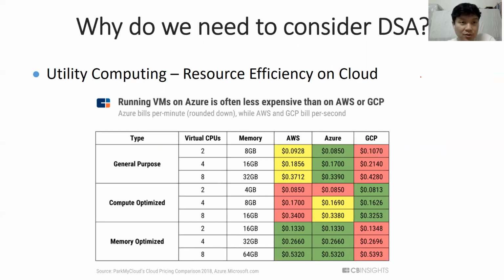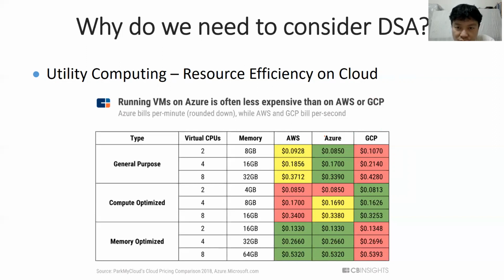Or if you know cloud computing, utility computing in the cloud is also another thing that you need to consider. This is one of the comparisons. I took this one from Microsoft. So you can see this is the pricing if you are using AWS, the Amazon Web Service.